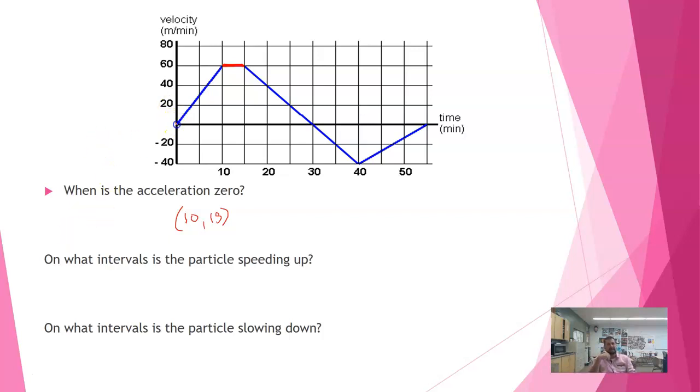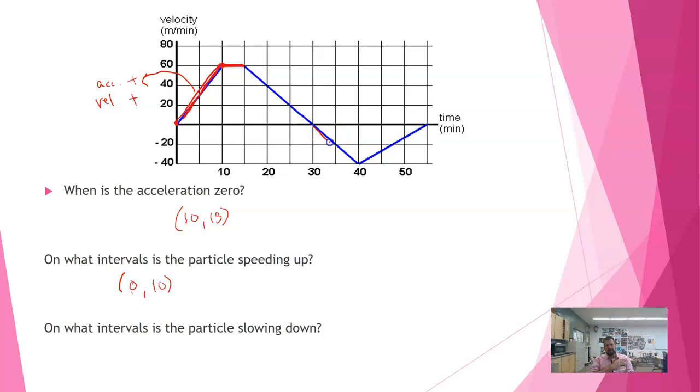So from time equals 0 to time equals 10, notice as I move from left to right, my graph of my velocity is moving away from the x-axis. Another way to look at that, on that interval, the acceleration is positive, and my velocity graph is above the x-axis, so it's also positive. So I could say from 0 to 10 is one place where this particle is speeding up.